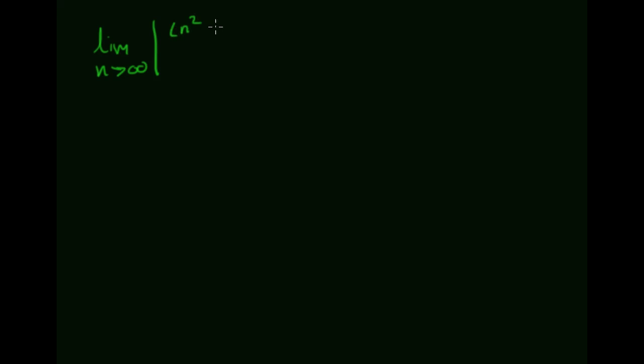So the numerator here is n plus 1 squared plus 9 over e to the n plus 1. And then we flip it over here, so we get e to the n over n squared plus 9.